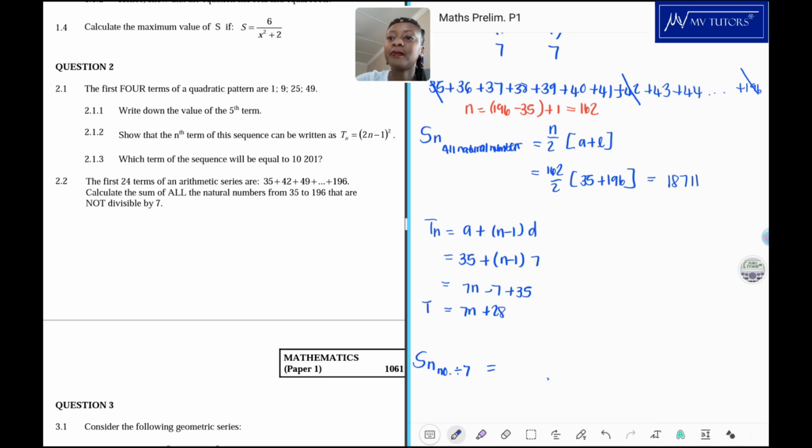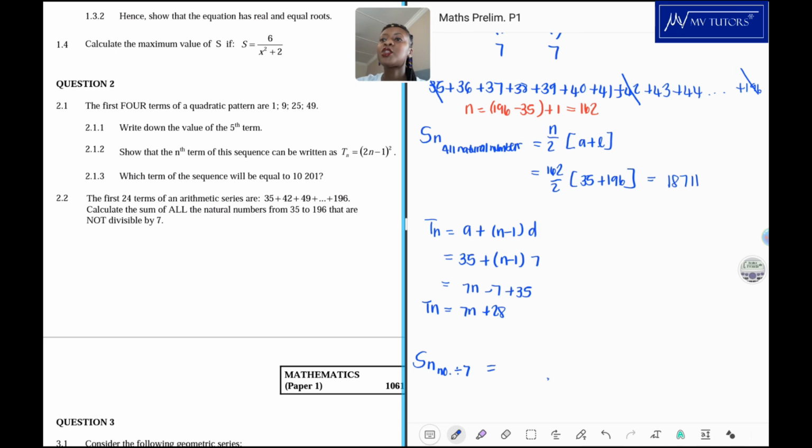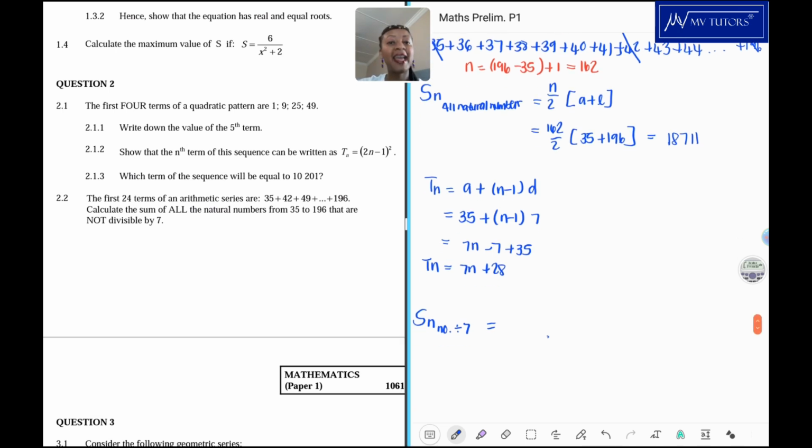Okay, now I need to know the number of terms. So when I reach 196, how many terms would I have had by then? I'm going to substitute 196 into 7n plus 28.